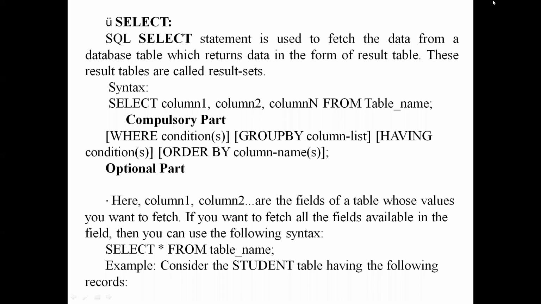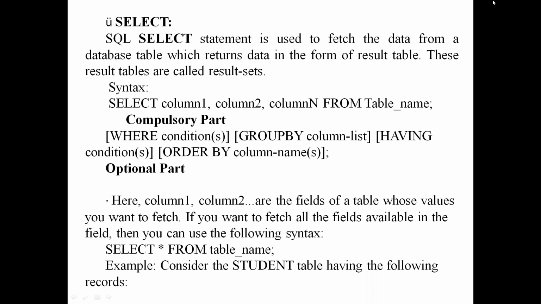This part we call the compulsory part. For this compulsory part, optional parts can be added to the select: the where condition, group by, having clause, or order by. These are optional. Where, group by, having, and order by can be used with the select statement if required.